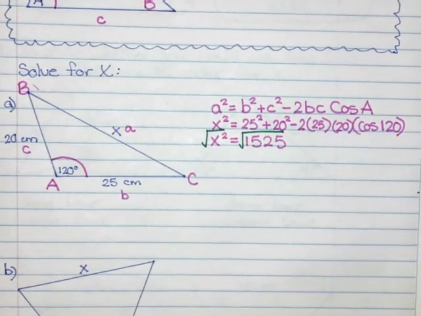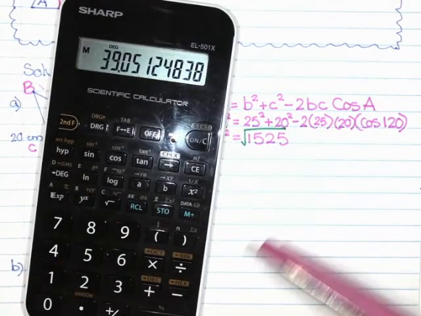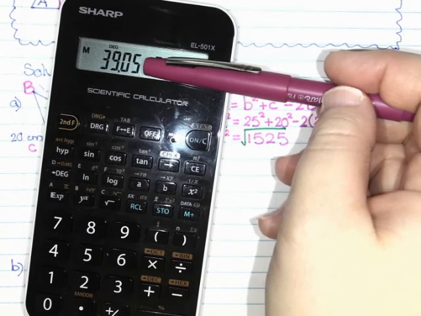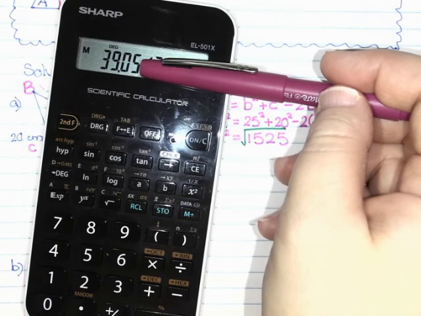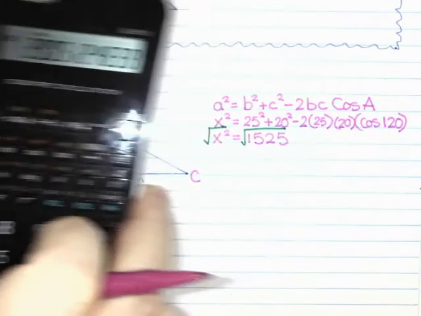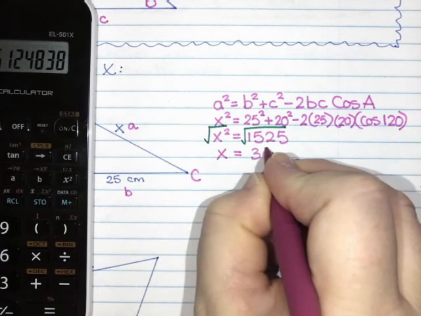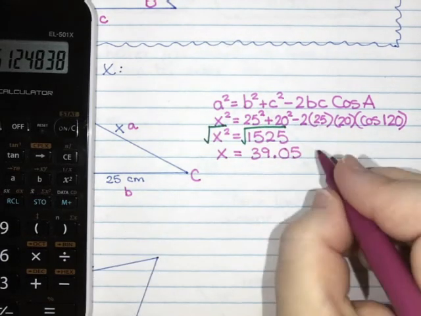So I'm going to take 1,525 and square root. And I get 39.05. That would be 2 decimal places. I'm going to take a peek at the next number. It's a 1, which means we're going to leave this as is. So it's going to be 39.05. So side x is 39.05, and then this is in centimeters.